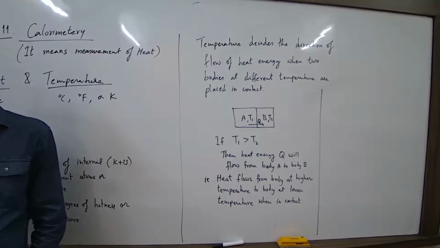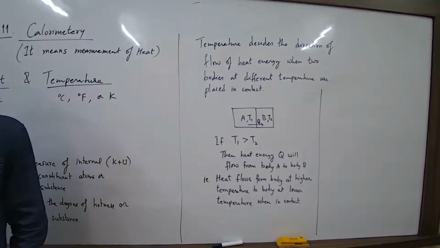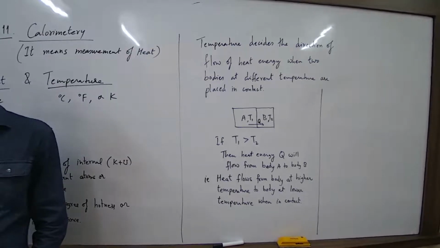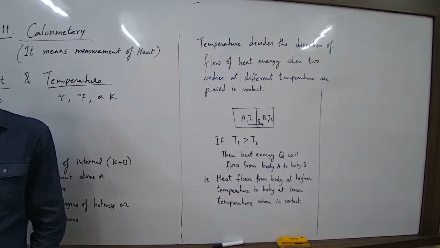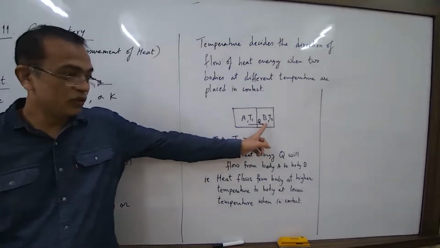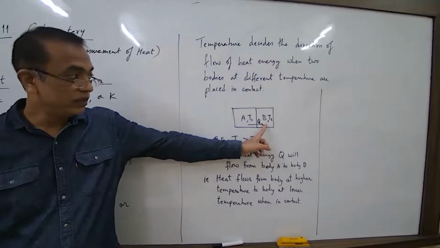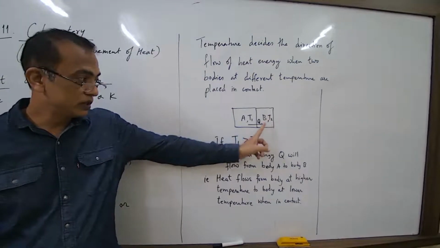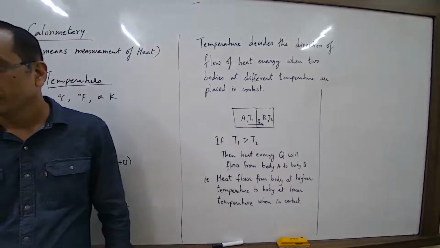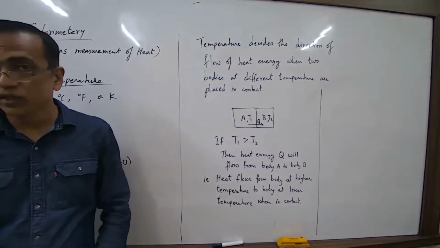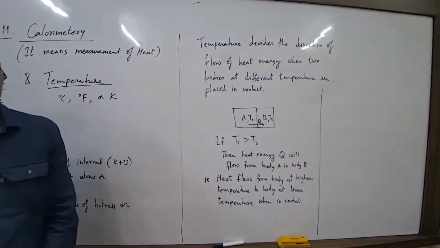Understand? Because of temperature difference, the direction of energy is decided by the difference in the temperature, not by the amount of energy. In this case also, this is a smaller body. If T2 was greater than T1, then the heat will flow from B to A. It does not matter who has more energy or who has less energy. Is it clear?